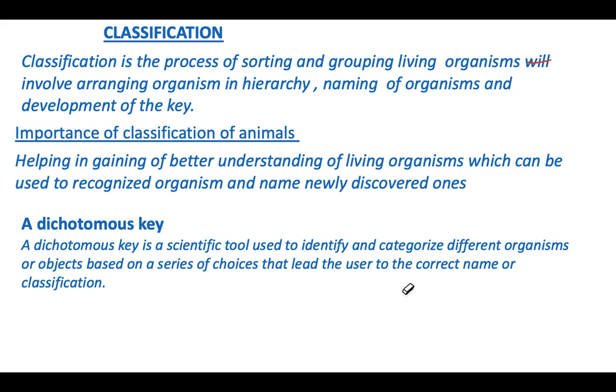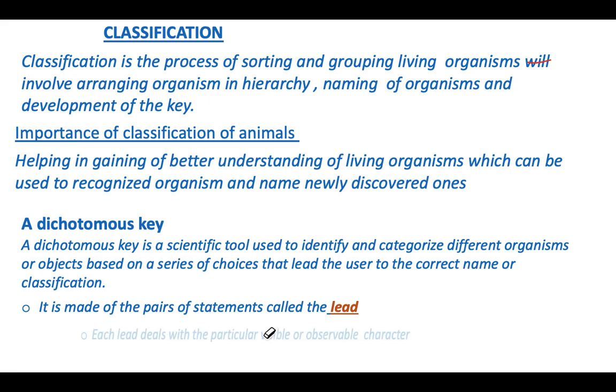Okay, so we can see what a key is made up of. A key is made up of pairs of statements. Those statements we call the leads. So the lead is the actual sequence of statements. I'll show you exactly from questions, and then we will look at some example questions from different papers, and then we will answer.